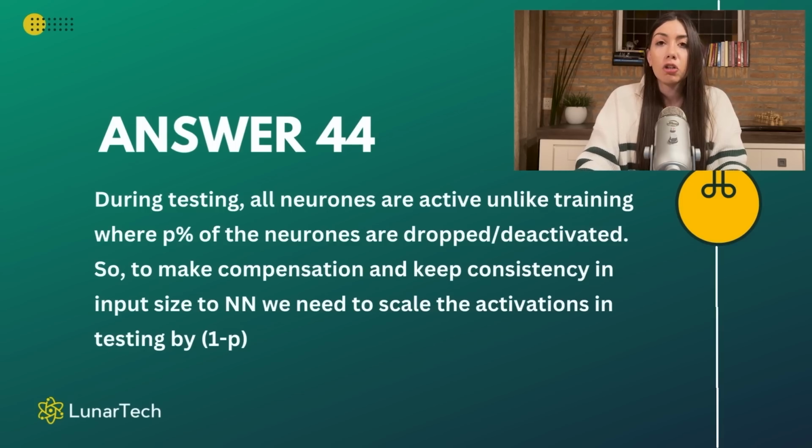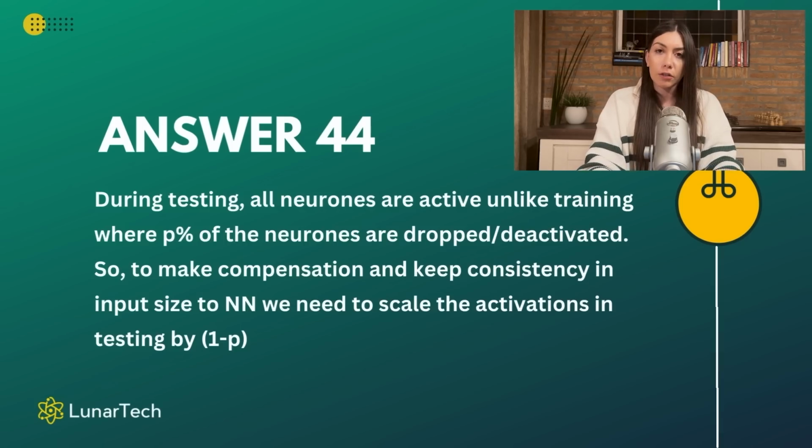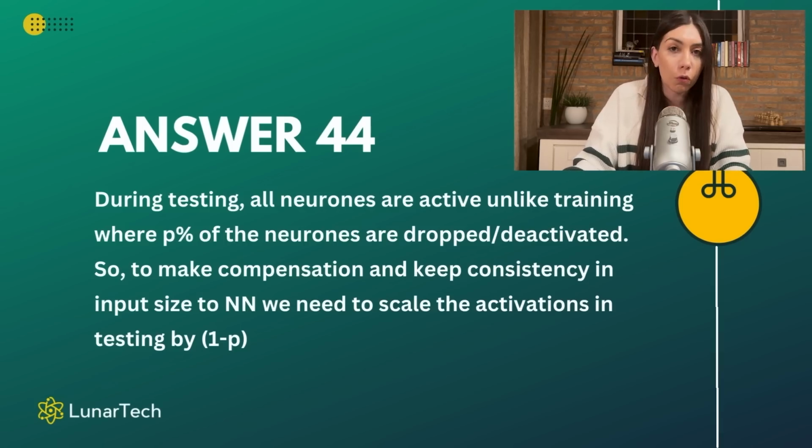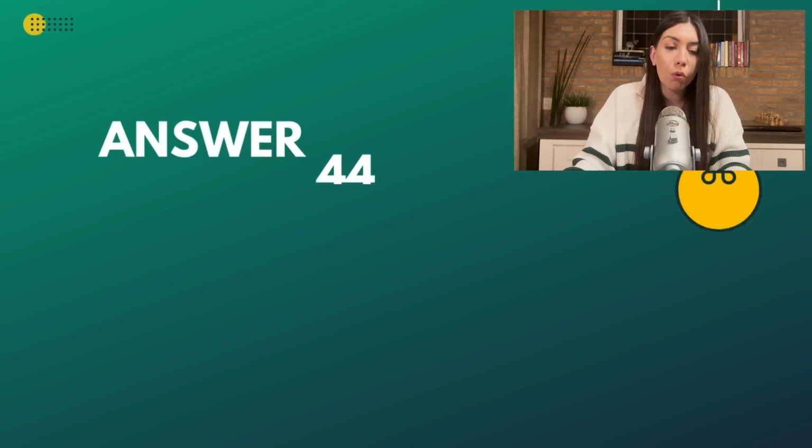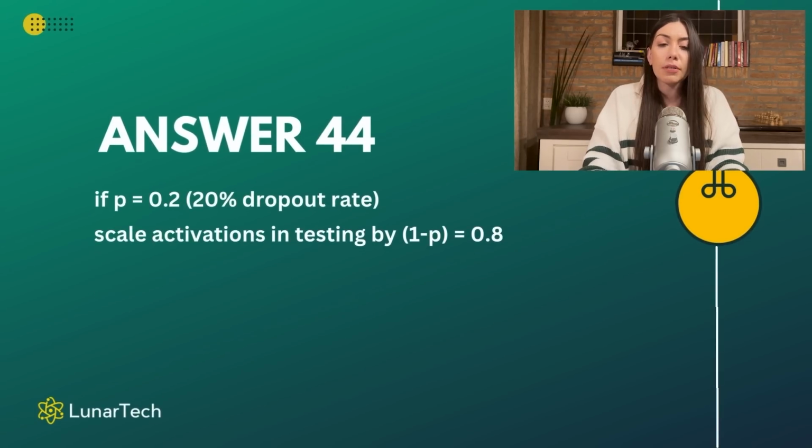And this will then introduce inconsistency when it comes to the testing process, because we are applying the dropout only during the training. This also means that we need to address this reduction in the activation probability when we are performing the testing. So given that p% of the neurons during the training are dropped or deactivated, we need to compensate for this, and we need to ensure that we have consistency in the input size.